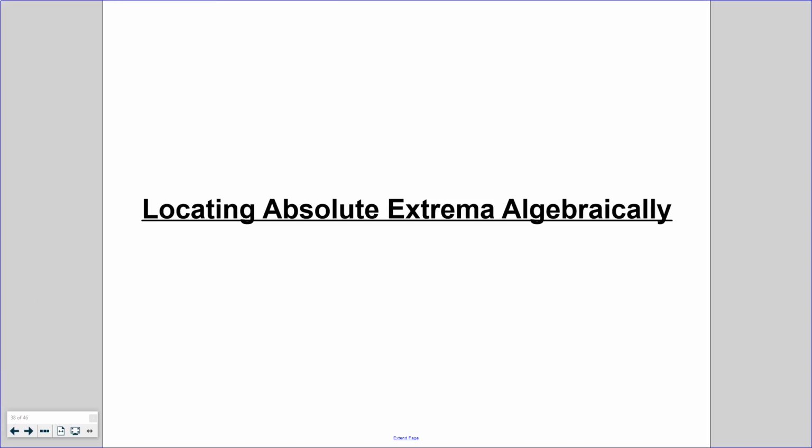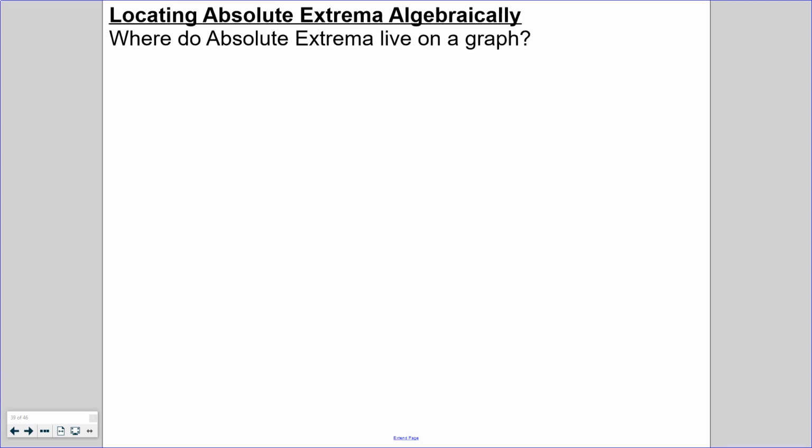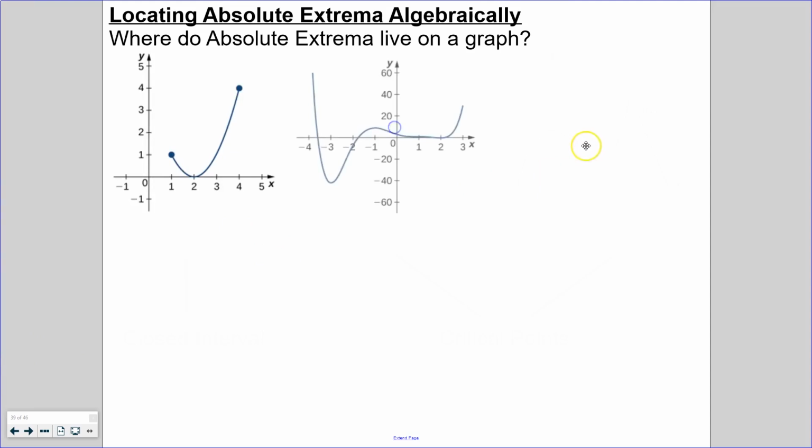Well, first let's look at what we know about absolute extrema. So where do absolute extrema live on a graph? By looking at absolute extrema, we can say they live at three particular categories of points.